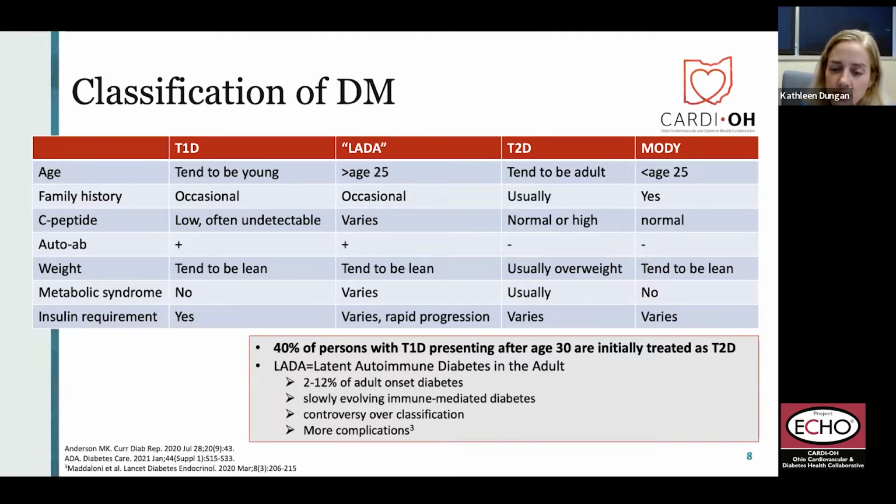And generally they're a little bit older. And the key is that we miss it a lot. So of people who are eventually diagnosed with type 1 diabetes as an adult, 40% of them are initially treated as though they have type 2 diabetes. So that slows down the appropriateness of treatment. And we have evidence that these people are more likely to develop complications long-term.